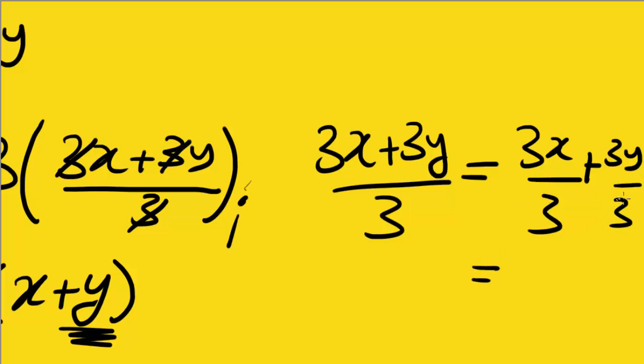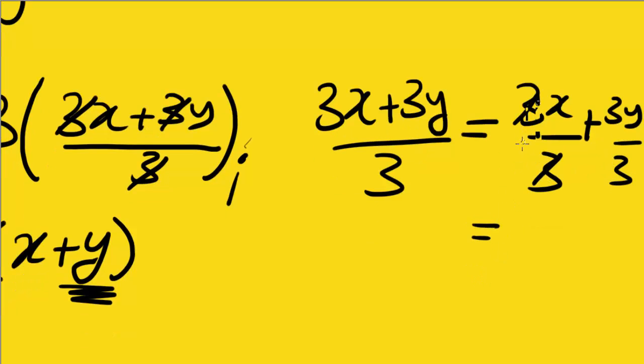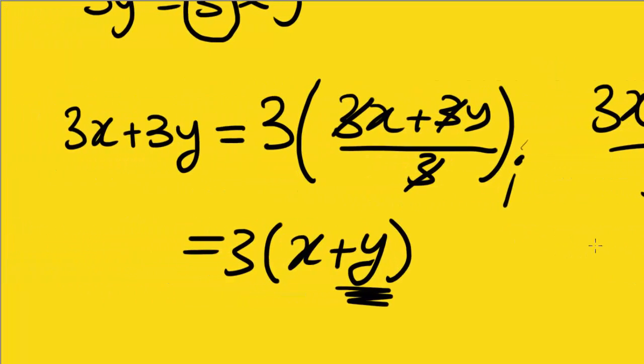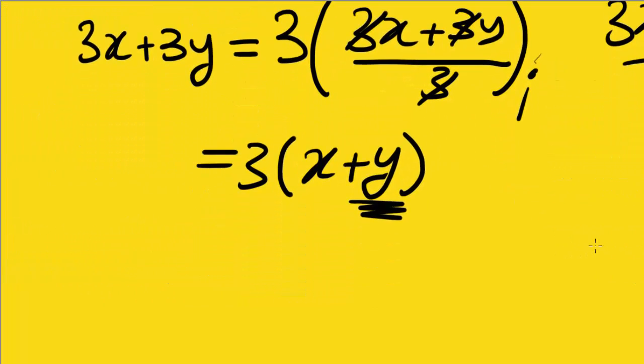So simplifying each fraction, 3 and 3 is 1, 3 and 3 is 1. So you have x plus y left. So that is another way to do the division, and you get the same thing, x plus y in the bracket, which is what we had here.